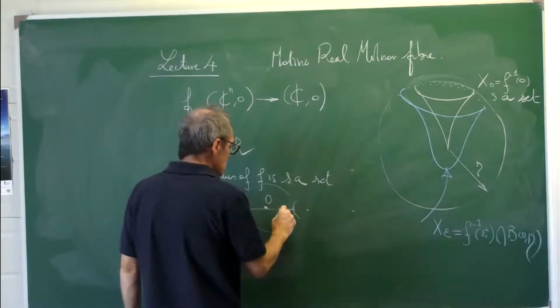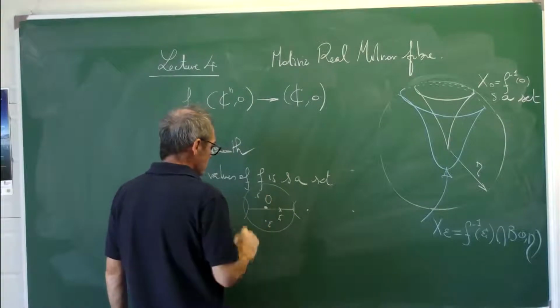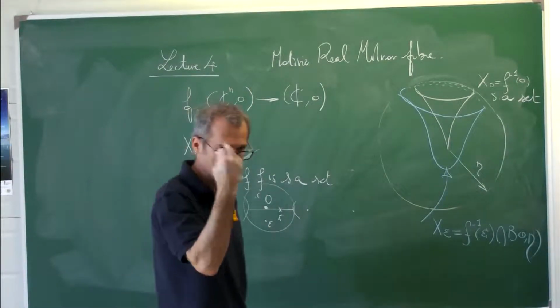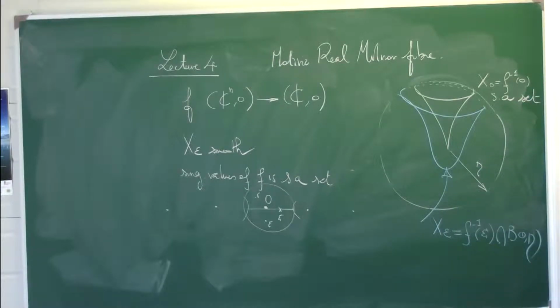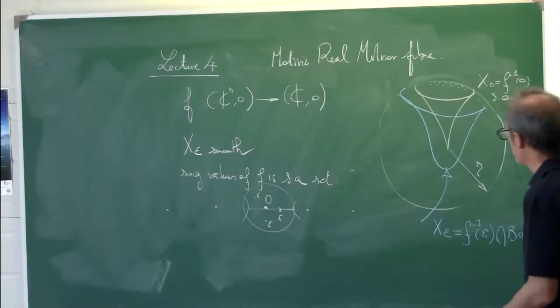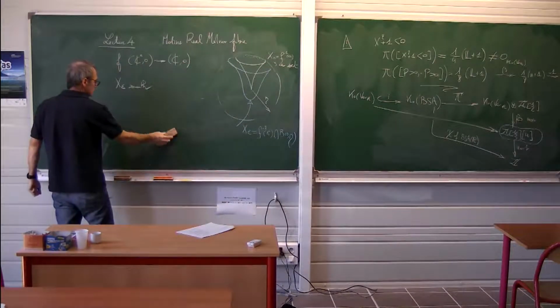So if I pick some epsilon in this disk, the preimage of epsilon has to be a smooth manifold. So the blue manifold is a smooth manifold, but of course, the topology may be very complicated.